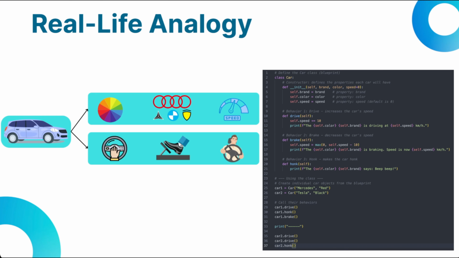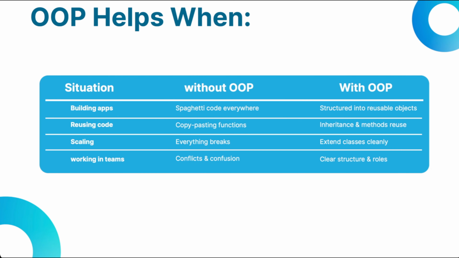So remember, a class is like a blueprint, and an object is like an actual car built from the blueprint. This is exactly how object-oriented programming organizes your programs in a clean and logical way. To really understand the power of object-oriented programming, let's compare how coding looks without object-oriented programming and with object-oriented programming in 4 common situations.